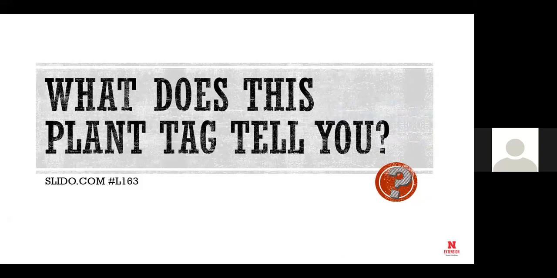As you're reading these, because we did copy the front and back, like the very first one is the Monrovia tag, a fold-over with a front and back, we want you to think about what it really tells you as a person who either has this plant or wants this plant, and you're going to have to manage this plant. So what does the tag tell you? That's what we want you to do on these, okay?